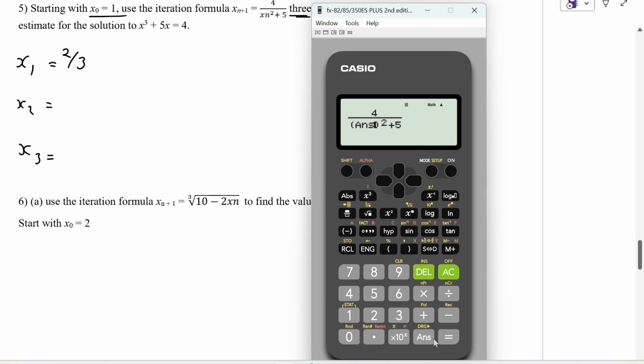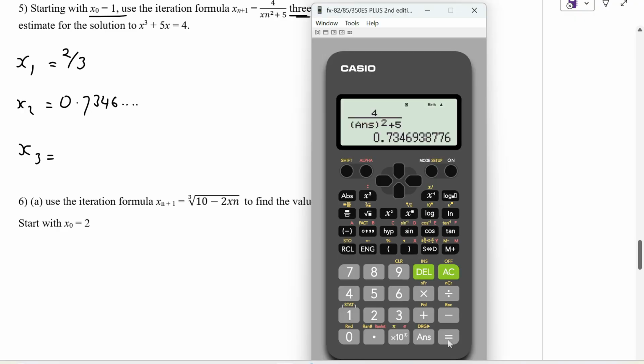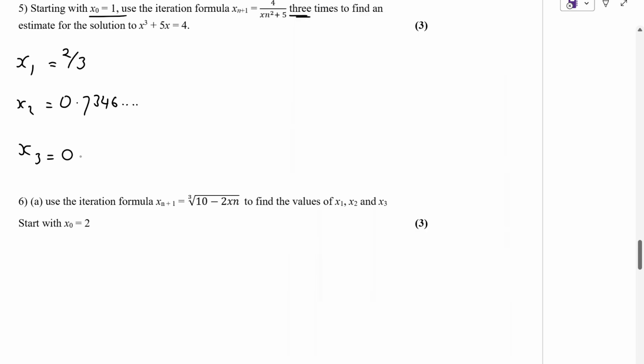Change this to answer, 0.7346, and equals again for x3. Okay, that's done. Same thing for 6 part A, x1, x2, and x3.